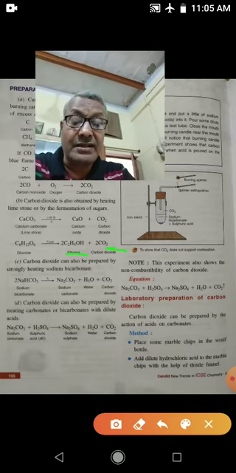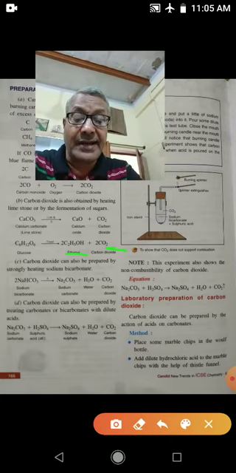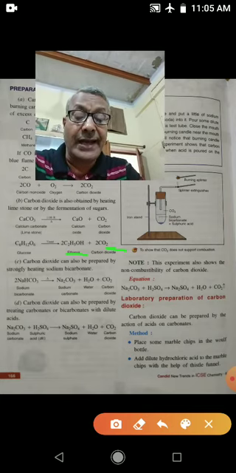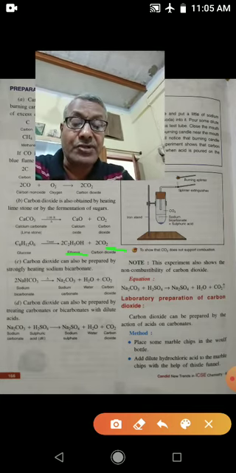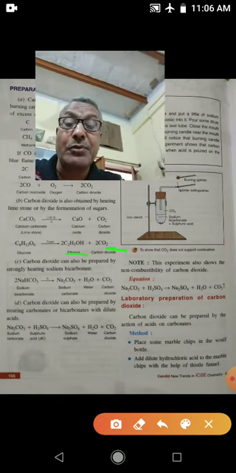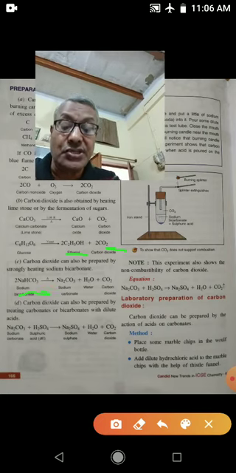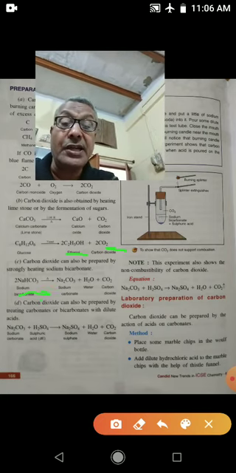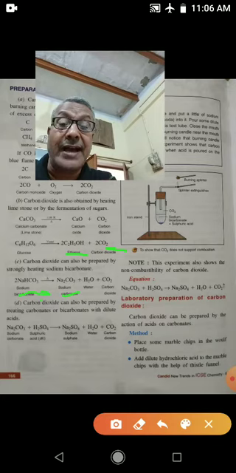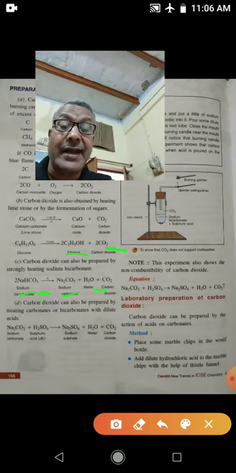Next method of preparation of carbon dioxide is from sodium bicarbonate or sodium hydrogen carbonate. This sodium hydrogen carbonate is heated, then it will decompose into sodium carbonate, water and carbon dioxide.